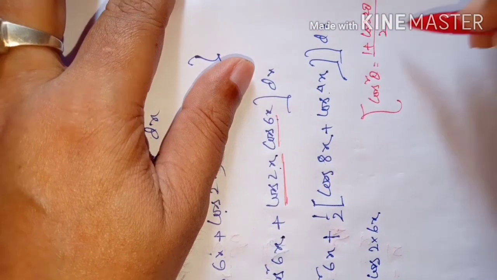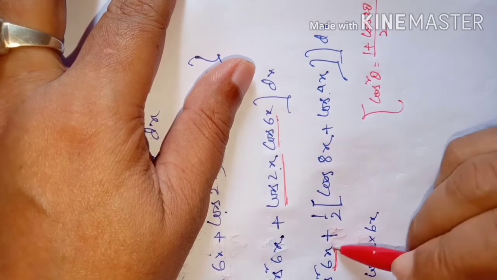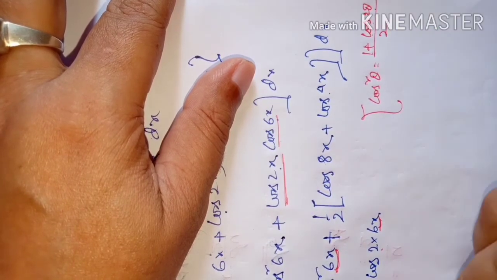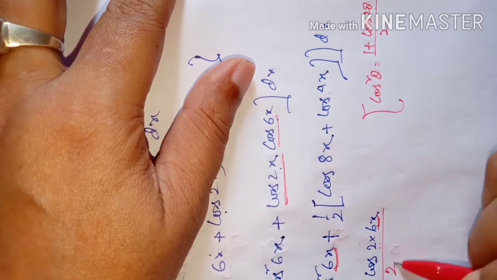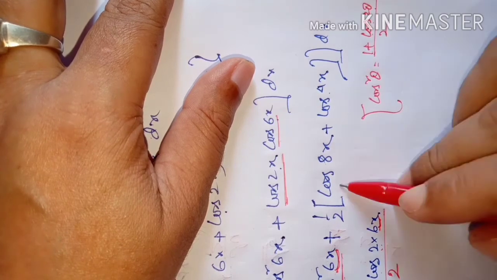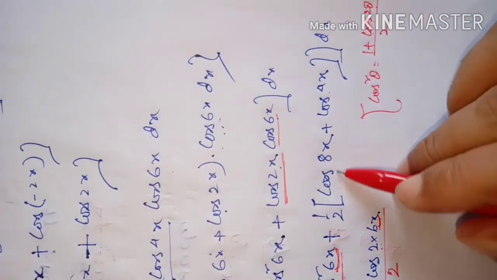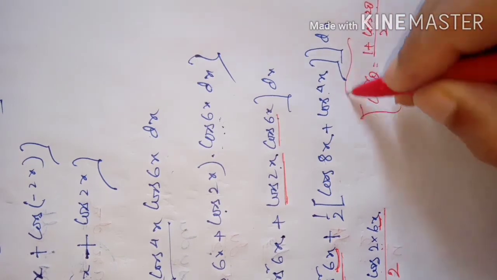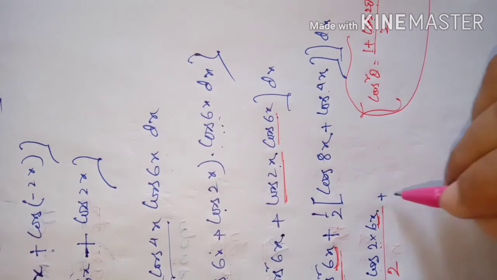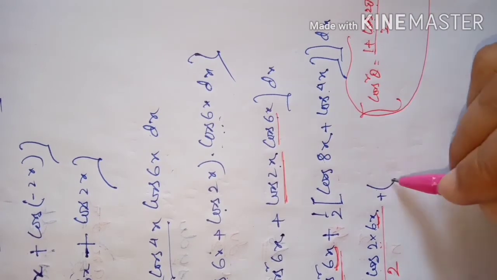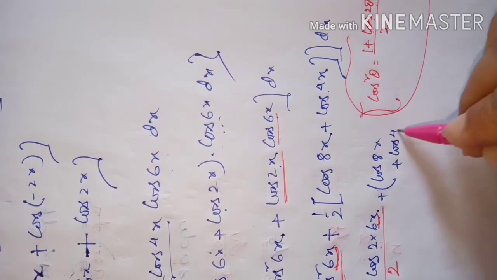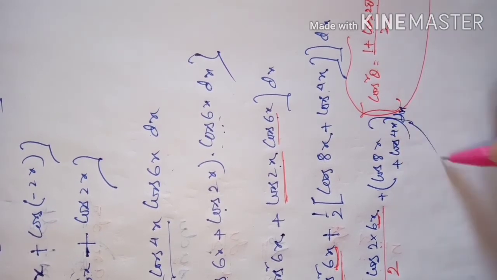So if we use this, theta is in our mind, so 2 into theta, 1 plus cos twice theta divided by 2, that is 2 into 6x. Everything else is fine, so we don't require to change it again here, it will remain as it is. So plus this one, let us use this bracket, cos 8x plus cos 4x dx, big bracket close dx.